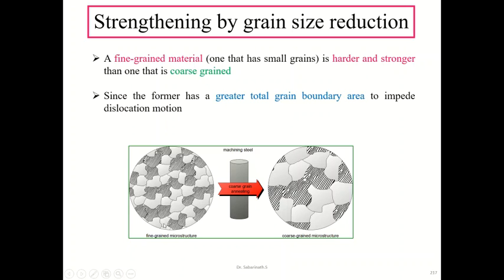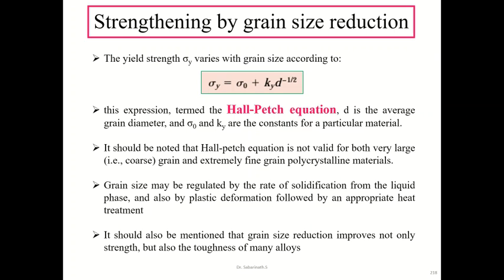So here we can see a relation for grain size reduction. Grain size reduction leads to an increase in strength, and that is given by the Hall-Petch equation.